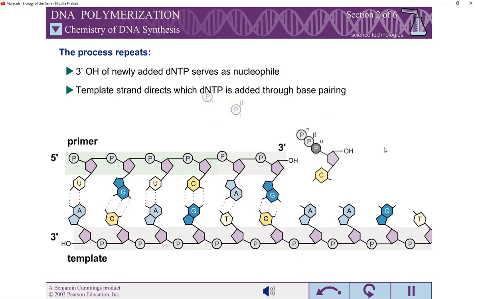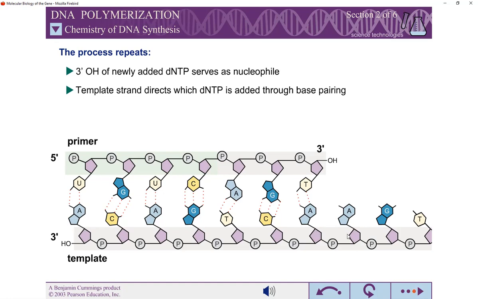The template strand directs which of the 4 possible dNTPs is added. During replication, the dNTP that base pairs with the template strand is highly favored for addition to the primer strand. So which nucleotide triphosphate is going to be added is determined by the template strand.